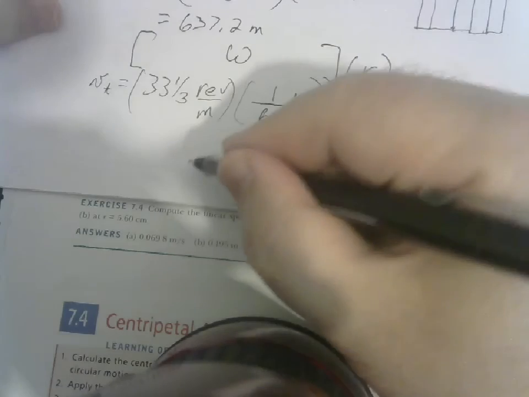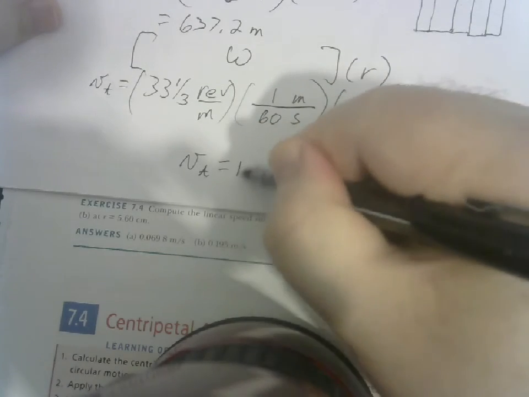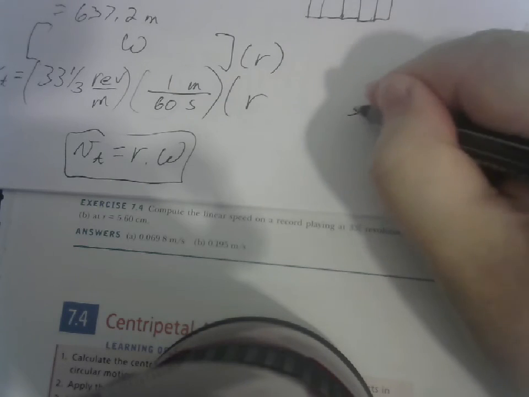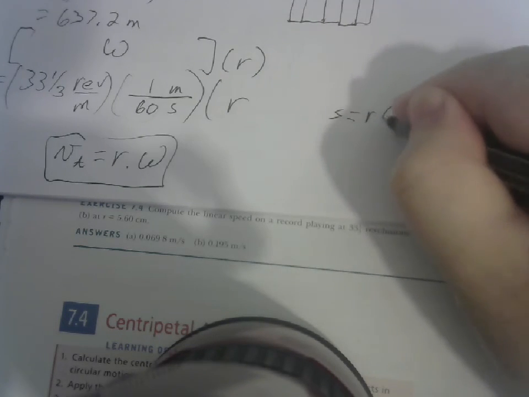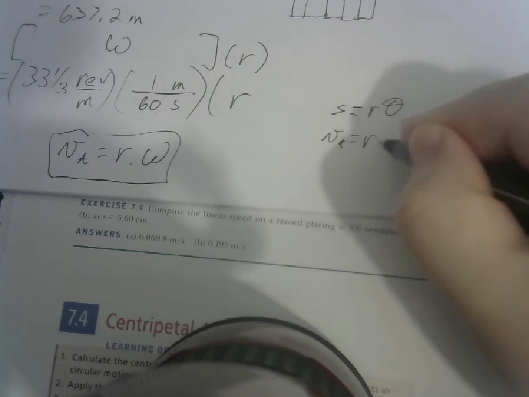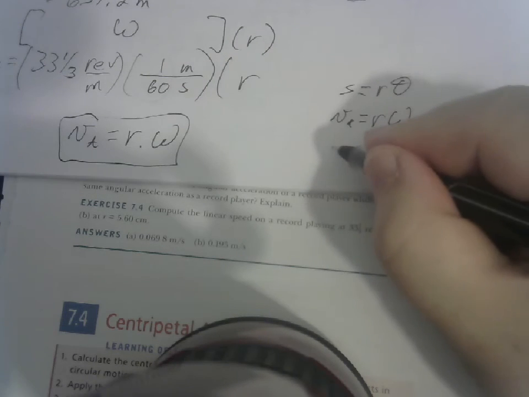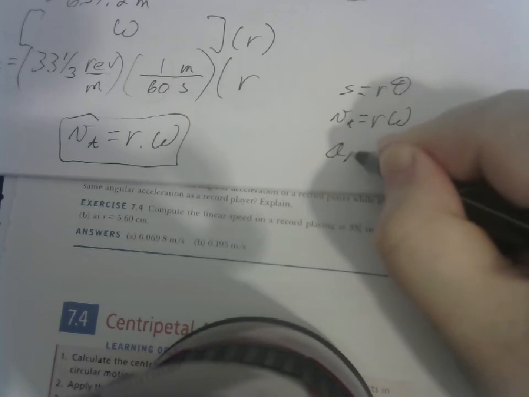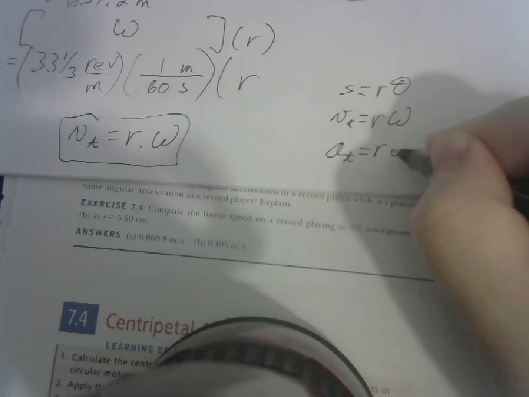I usually write it v sub t equals r omega, but that is what you would do. So that goes in a list of equations. S equals r theta, v tangential equals r omega, and acceleration tangential is r alpha.